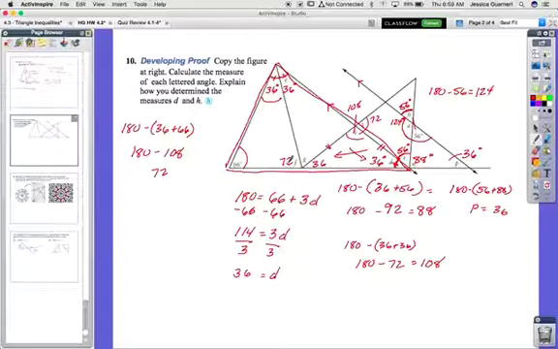So now that I have F and this unknown angle over here, I'm going to do 72 plus 36, and that's going to give me 108. So what's G? 180 minus 108, 72.